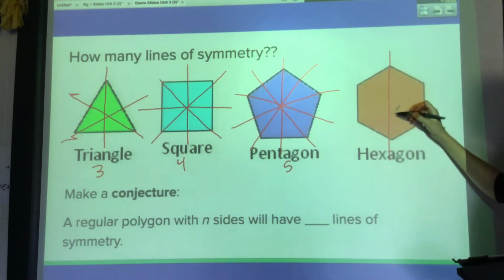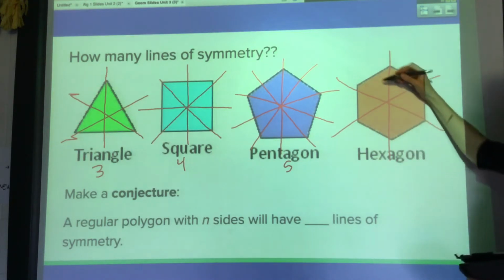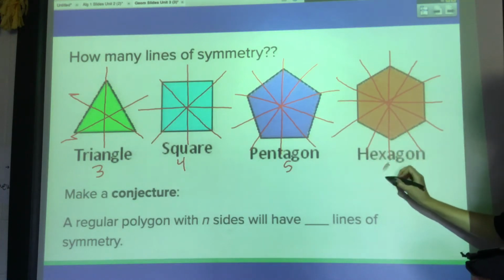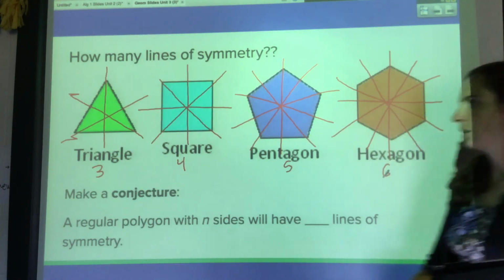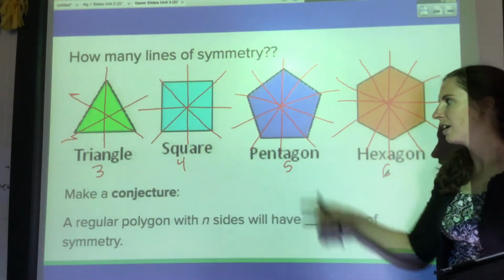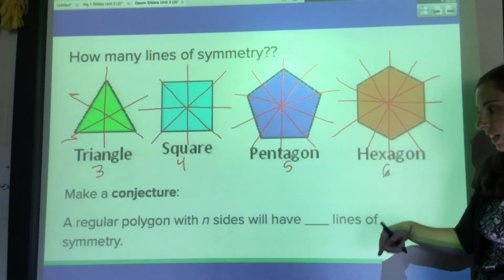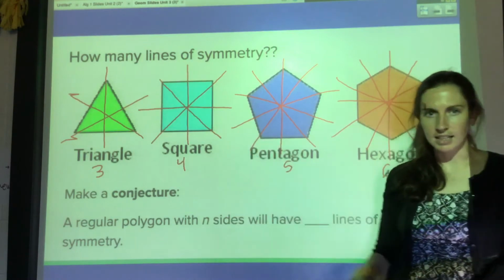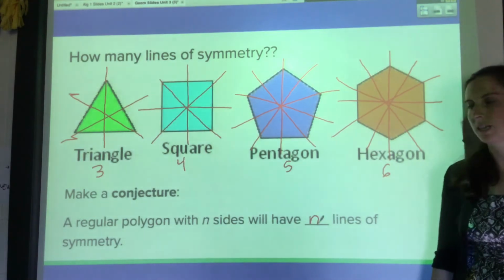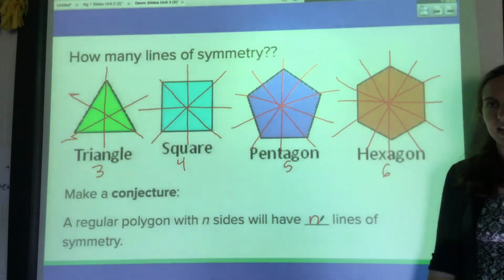It's got 1, 2, 3, going through the vertices, and then going through the edges, 4, 5, 6. So notice, 3 sides, 3 lines of symmetry, 4 sides, 4 lines of symmetry, 5 sides, 5 lines of symmetry. This always works. A regular polygon with just a generic n sides, just however many it has, will have n lines of symmetry. Basically, the number of sides tells you how many lines of symmetry it has. That always works.